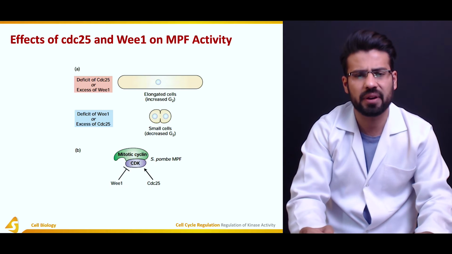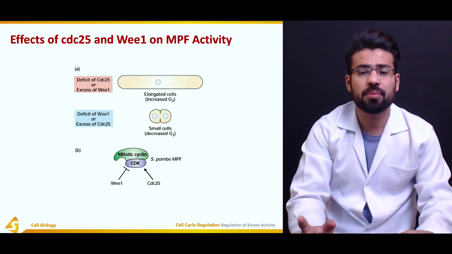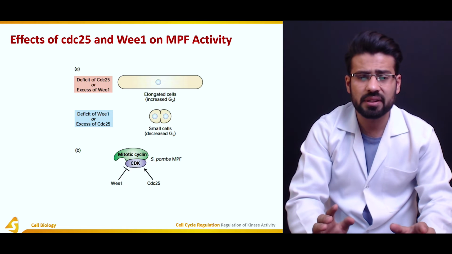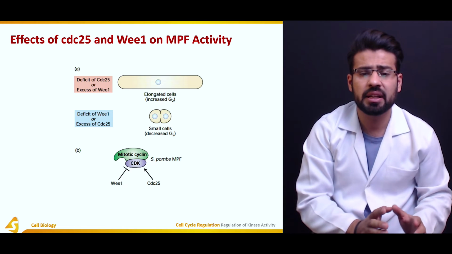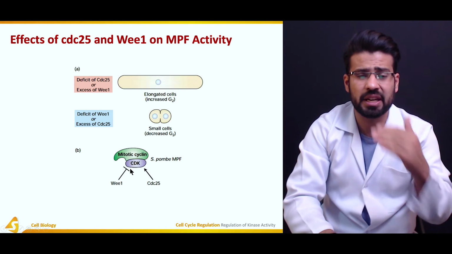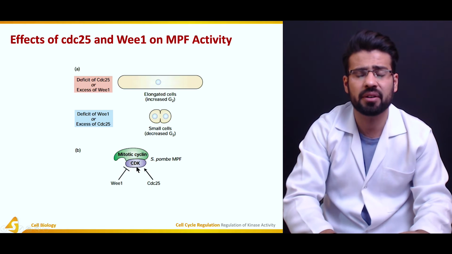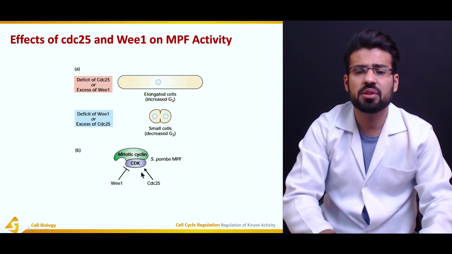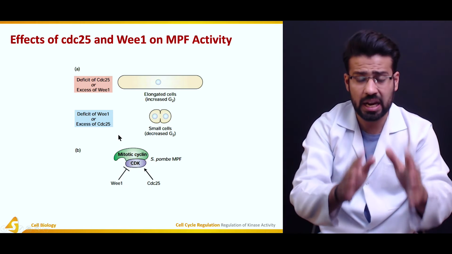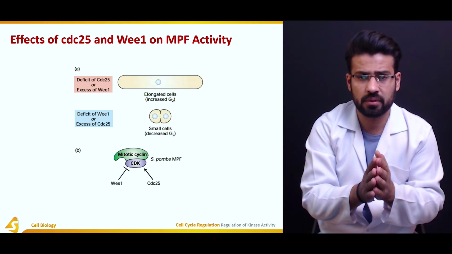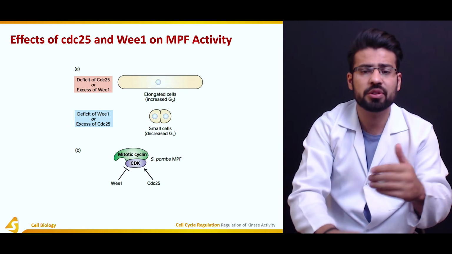What would happen in the case when there is a deficit of Wee1 or an excess of CDC25? It is important to consider that Wee1 is going to inhibit the CDK activity at the M-phase signaling, and CDC25 is going to promote the CDKs. So what happens in this case, there is no Wee1 to cause the stoppage of the M-cyclin.